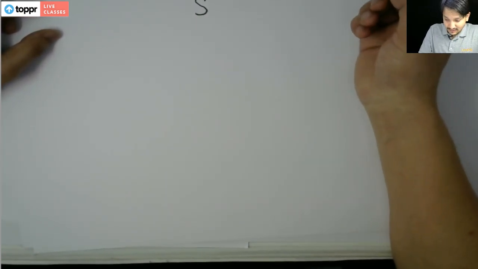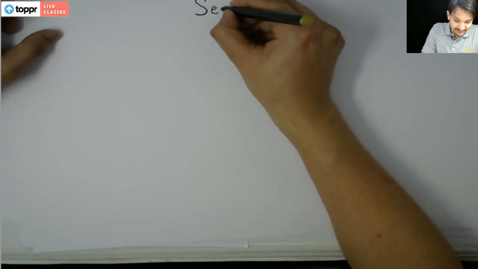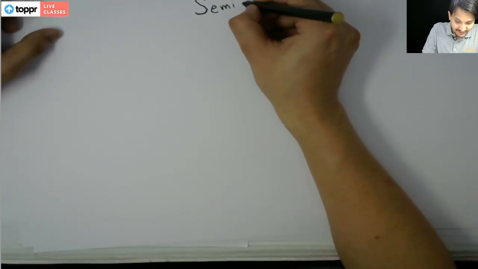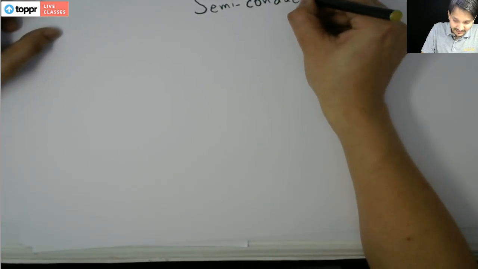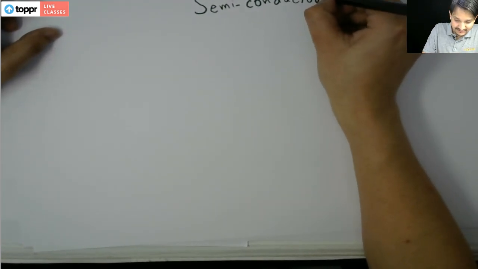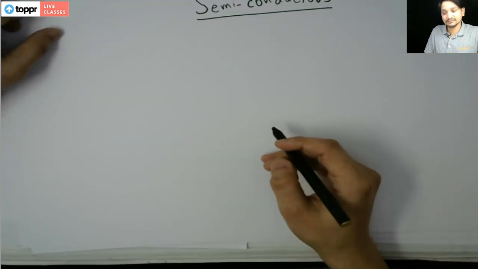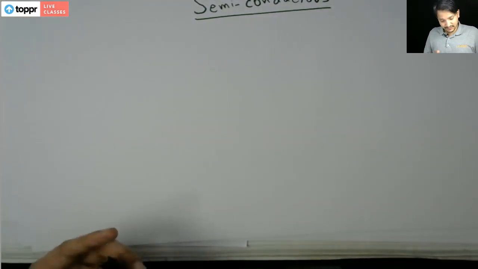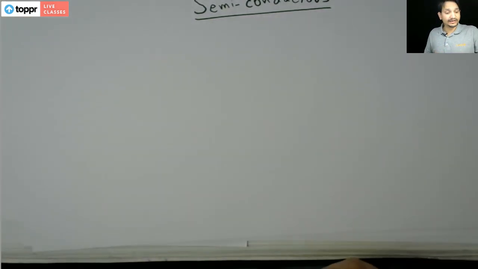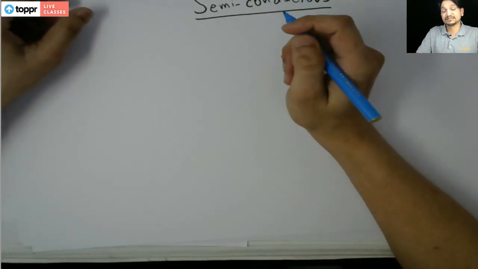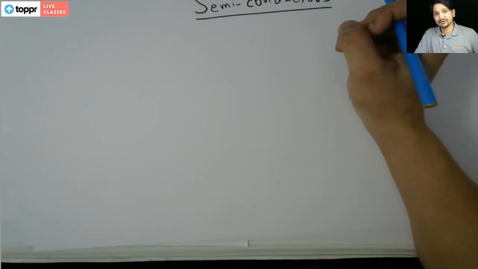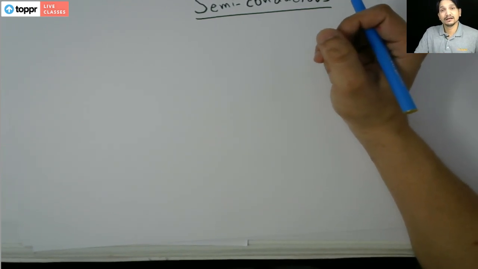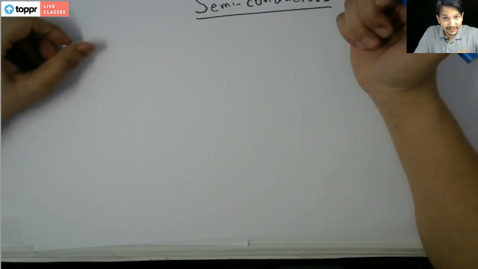So first, let's start with the concept. What is a semiconductor? You might have heard that some materials like silicon and germanium are used in making electronic devices like computers, their chips, the circuit boards, etc. You might have also heard the concepts of diode, transistors, photovoltaic cell.